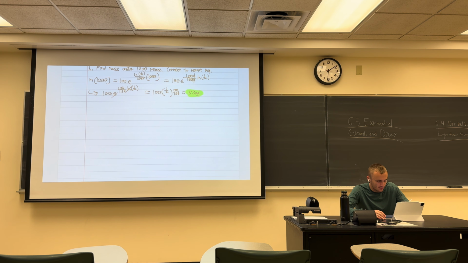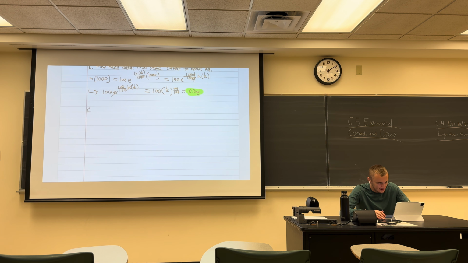For the final part here, we're going to be looking at C, and that asks, when will the mass of this sample be reduced to 30 milligrams. So that's what it wants to know. After how much time? It's asking about time here, and we'll just note that.